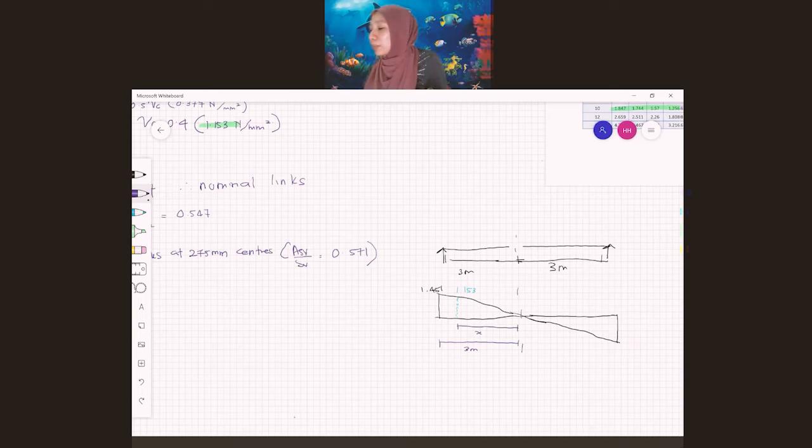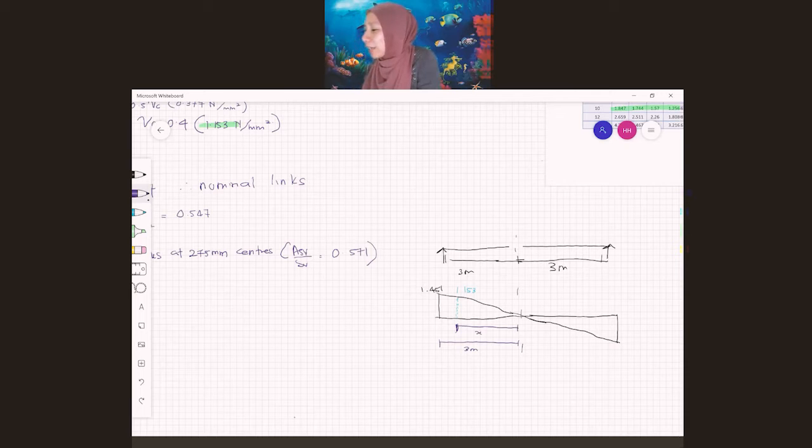So ini X ni yang kita nak cari sekarang lah. Sebab kita nak tahu sampai mana link tu kita design dia as nominal link. Sebab yang balance ni, yang hujung kat sini, kita akan design dia as design link, bukan nominal link. Nominal link sampai 1.153 maksudnya VC plus 0.4 tu je.